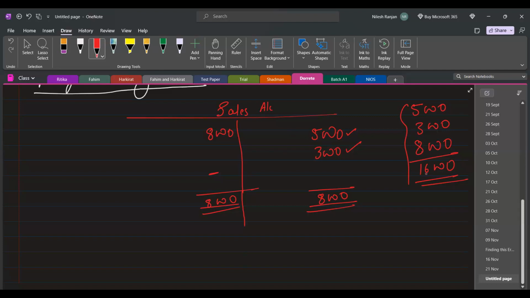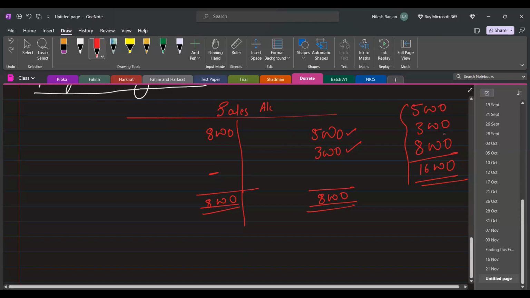Then what would be our balance? I'm saying that we have made three sales during the year: 5,000, 3,000, 8,000.